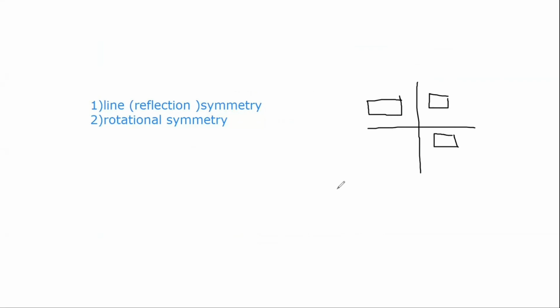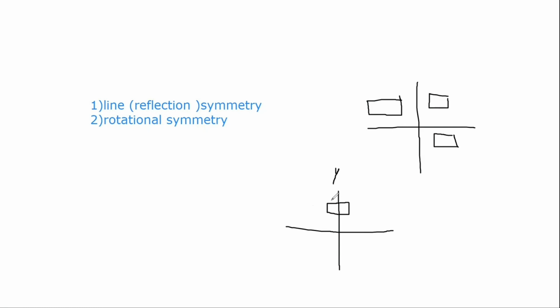Let me ask you, what if my figure was exactly in the middle, and I tell you to reflect it across the Y-axis? What will be your image? For example, this is a rectangle, and the Y-axis is exactly in the middle of the rectangle. I'm telling you to reflect it across the Y-axis. What will happen? My figure will be the same.